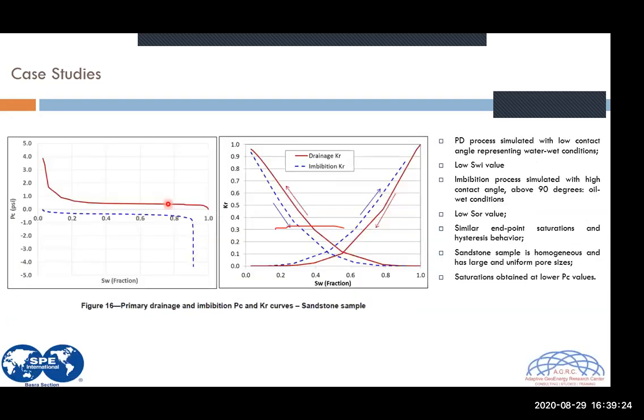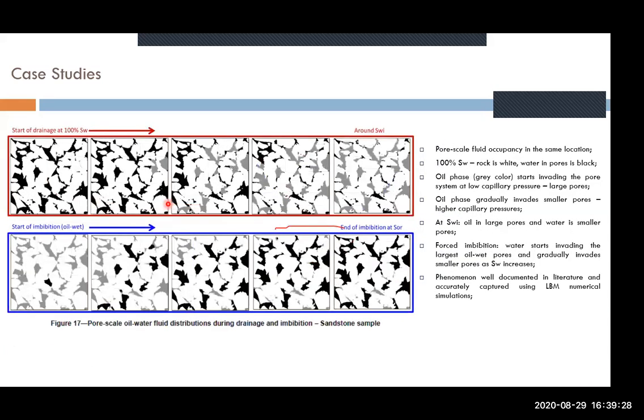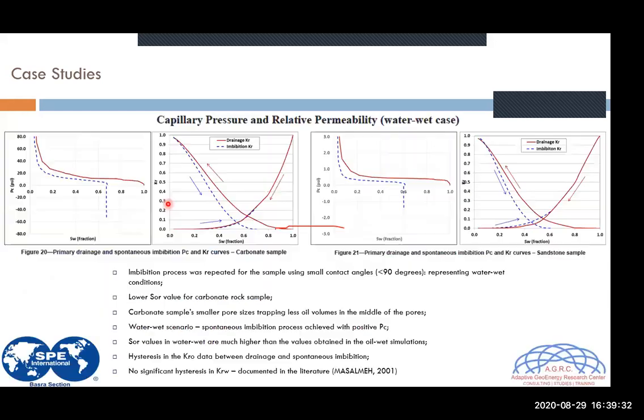Here is the sandstone sample, just to give you a quick overview as well, that you can perform the same numerical experiments. And I just compare some of these curves here, but then changed to a water wet scenario in this case. We performed the water wet scenario for the primary drainage, and for the imbibition, we repeated, but keeping the contact angle lower than 90 degrees.